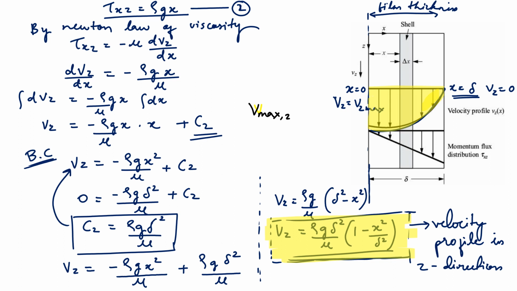So if I put x equals to 0 in the velocity profile here, what I get, rho g delta square upon mu, right? So this is my maximum velocity.